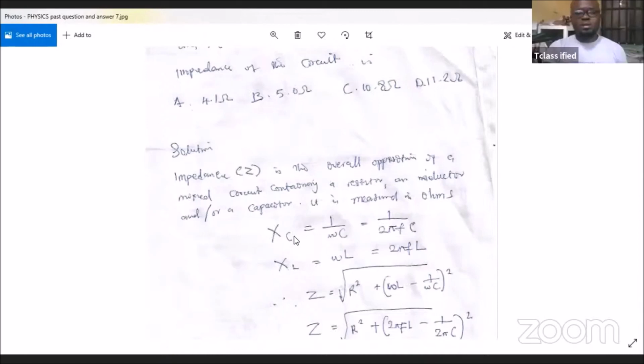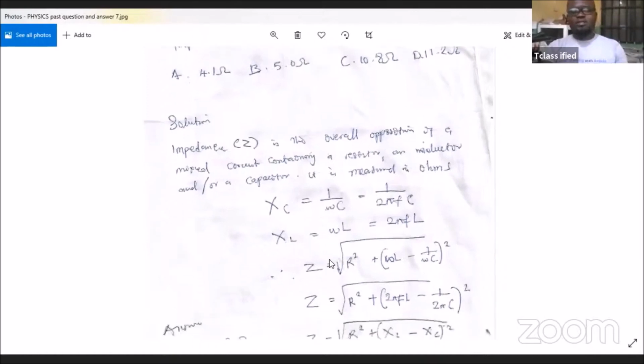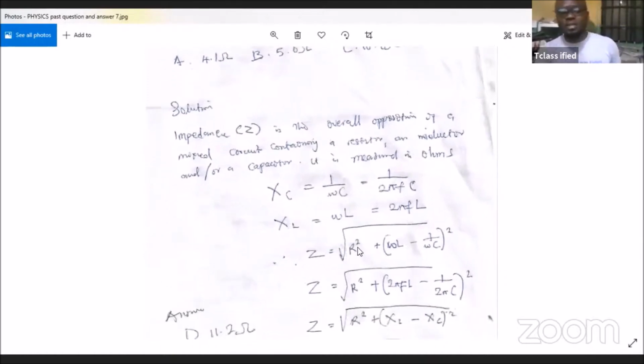So we have XC equal to this and XL equal to this. If you're calculating the overall impedance, it's going to be the square root of R squared plus the difference between the reactance from the inductor and that from the capacitor, squared.